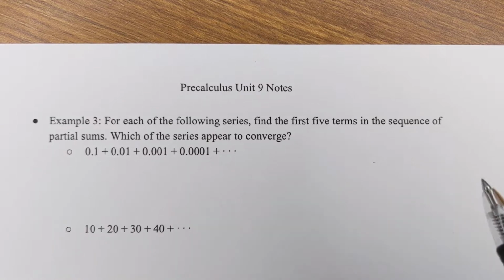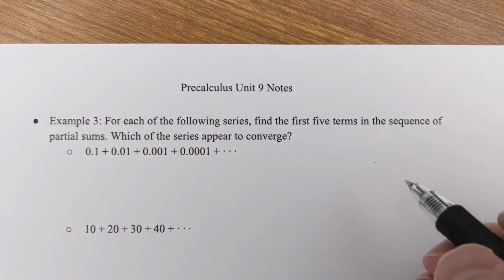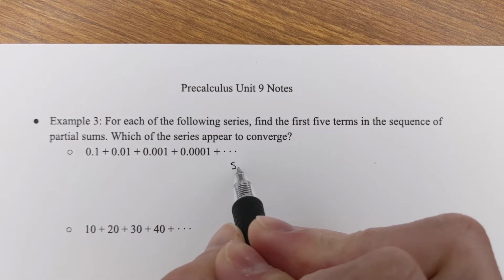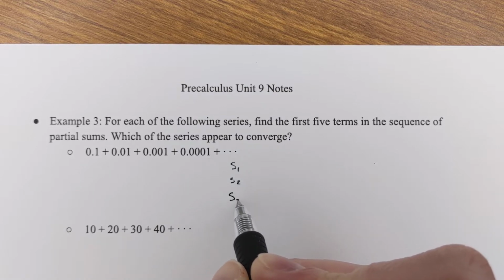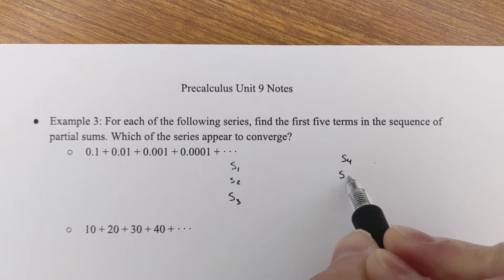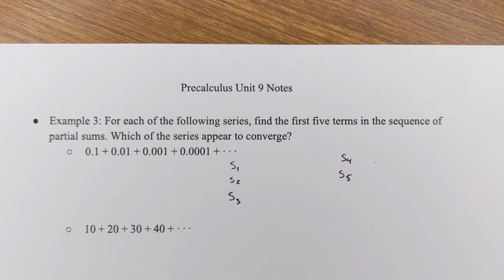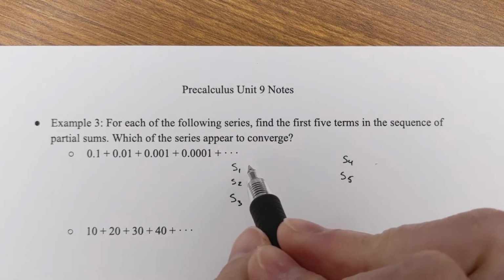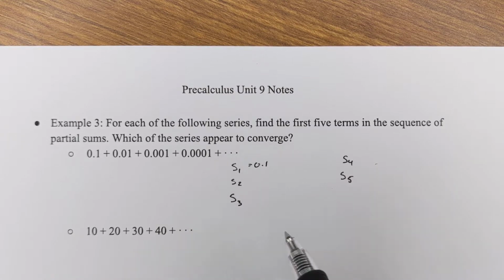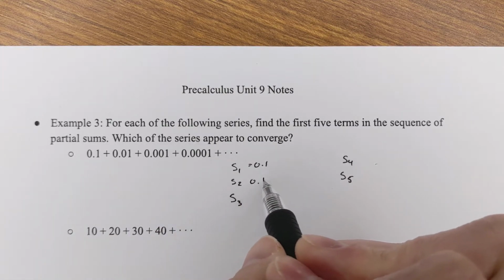Okay, so example 3. For each of the following series, find the first 5 terms of the sequence of partial sums. Which of the series appears to converge? So we need to find S1, S2, S3, S4, S5, and so on. S1 is just the first number, so 0.1. S2 is the sum of the first 2, so 0.11.